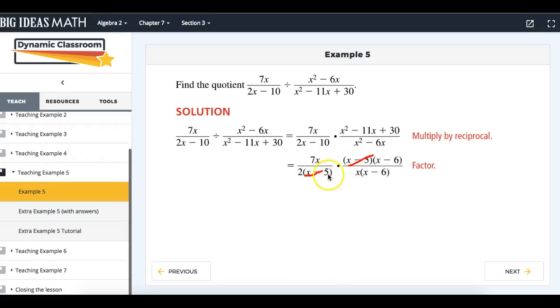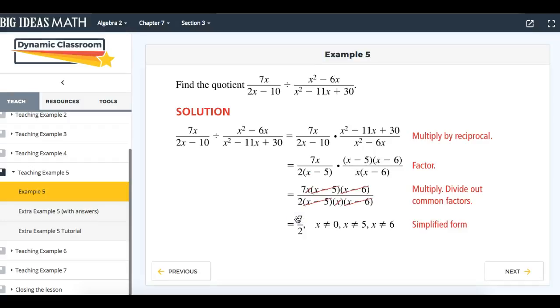They don't have to be on the same term. You can take from one numerator and one denominator. Our x minus 6 can cancel out for each one. We've got an x here and an x here. So really all we're left with is just our coefficients, 7 over 2.